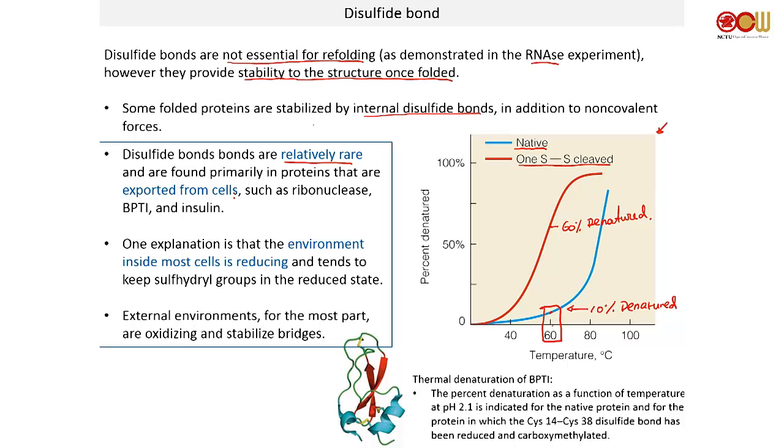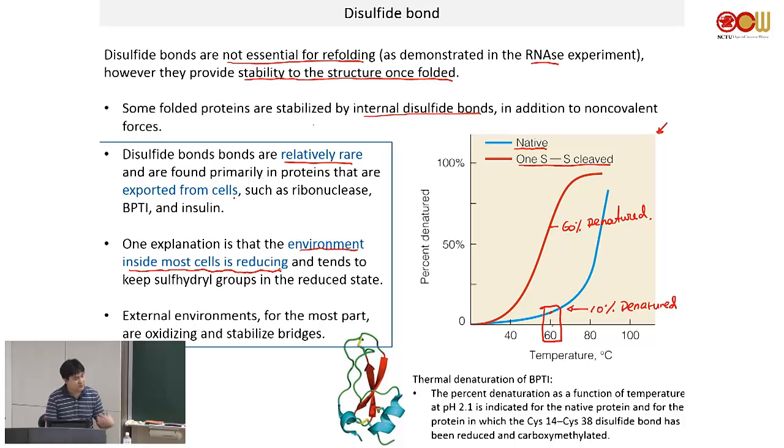One potential explanation is that the environment inside of the cells is reducing. By reducing, it means that it favors reduction, so it favors having electrons on them. So this is inside the cell. In most cells, the inside of the cell is more reducing than oxidizing.